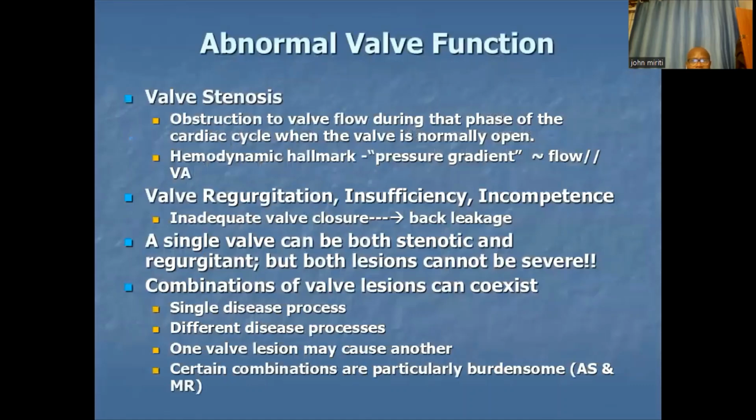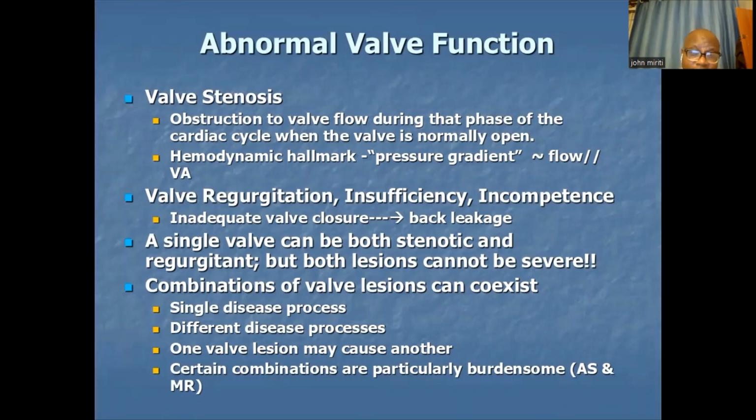So let us look at abnormal valvular functions. Number one, we are going to focus on valvular stenosis. This is where thickening of the valves makes the heart valves become narrow. What are the causes of valve stenosis and what does it cause?